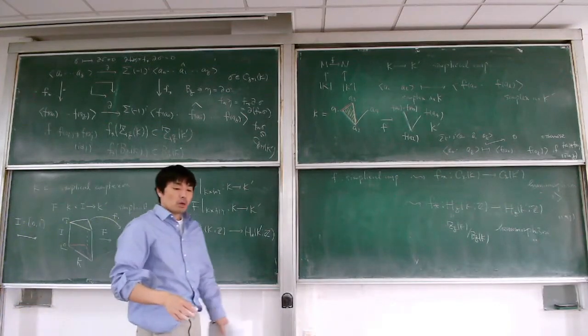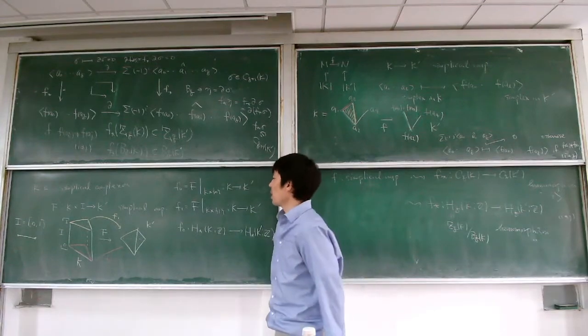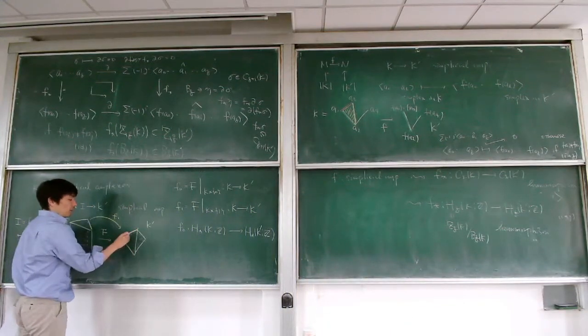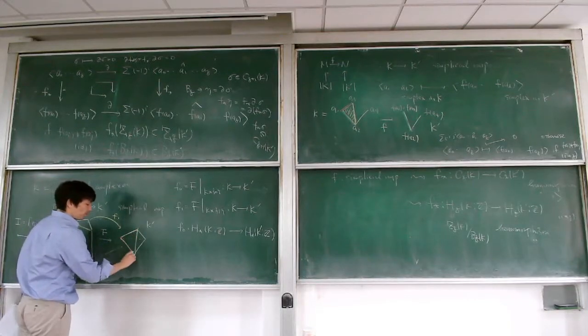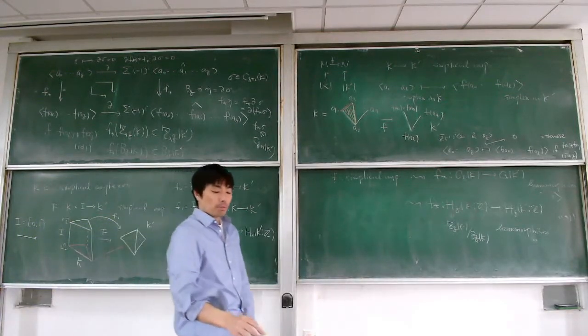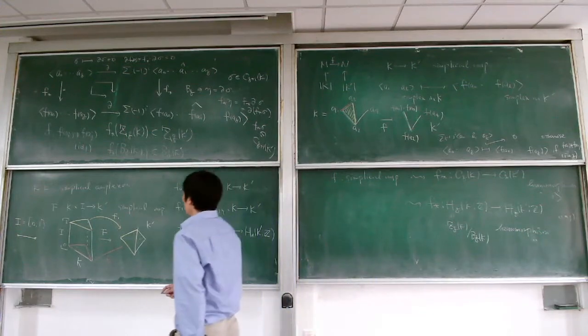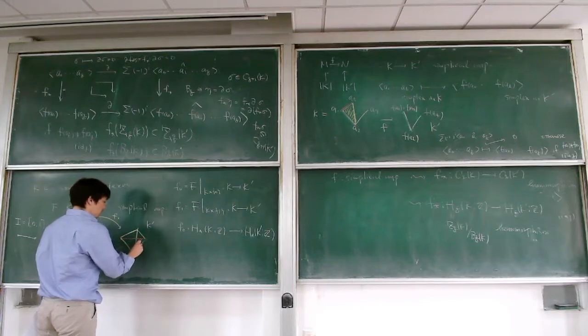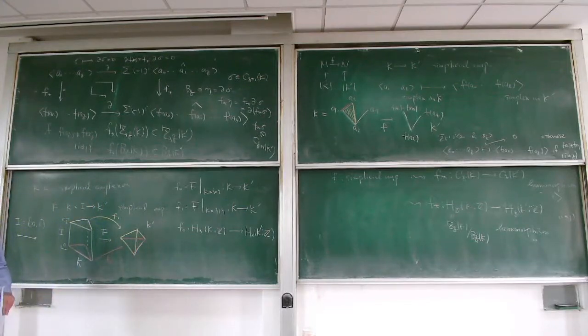For instance, one can construct a simplicial map in such a way that the top is mapped to this place, but the bottom is mapped to this place at the bottom.